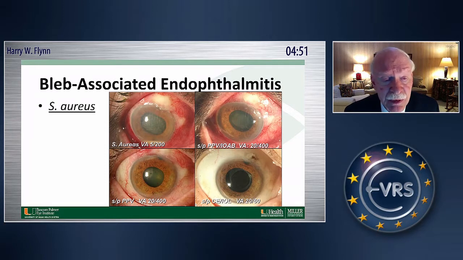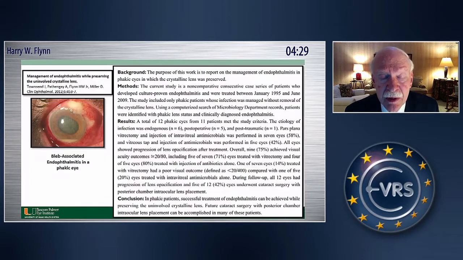This is a case of lens-associated endophthalmitis. A vitrectomy was performed in this eye without removing the crystalline lens. Antibiotics were injected, the infection resolved, and later we performed cataract surgery and intraocular lens implantation.